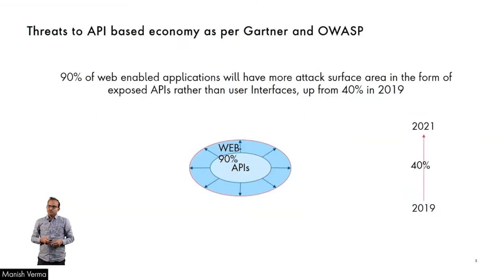Now, this is, again, Gartner data. It talks about 90% of web-enabled applications having more surface area of attack. And what is the surface area? It's nothing but the API. Because you are accessing your backend system not only through a presentation layer, but also through API access, so your touch points have increased.